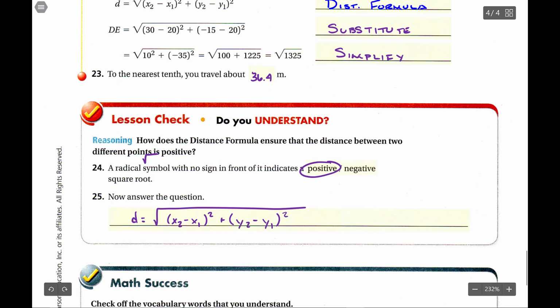Because we're taking the square root of that value, it's always going to end up being positive. The other thing to notice is each one of these terms ends up being squared. So even if what's inside the parentheses comes out negative, when you square a negative, it all becomes positive. So that's why the distance formula always ends up generating a positive solution.